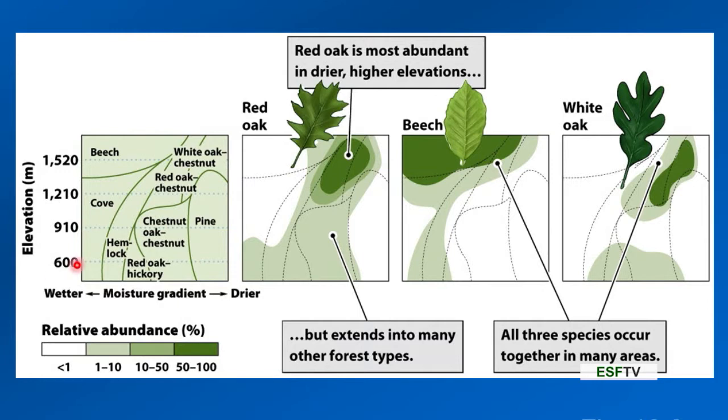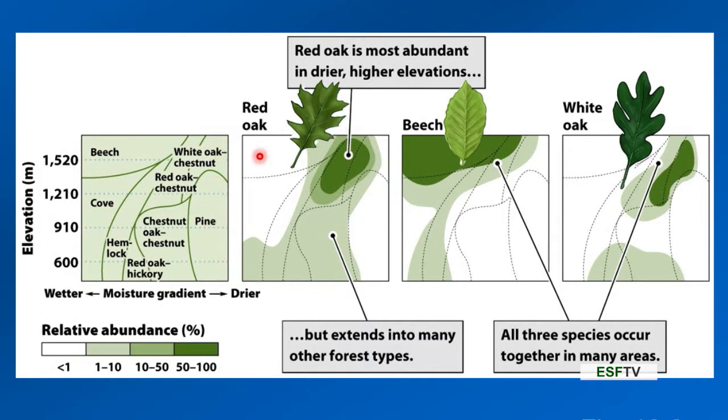And what you can see is as you go up in elevation, you go from red oak, hickory, through hemlock, chestnut oak, pine, up to beech and white oak. At the same time, as you go across the moisture gradient from wet to dry, you go from beech and hemlock in the wetter areas out to pine and white oak, chestnut in the drier areas.